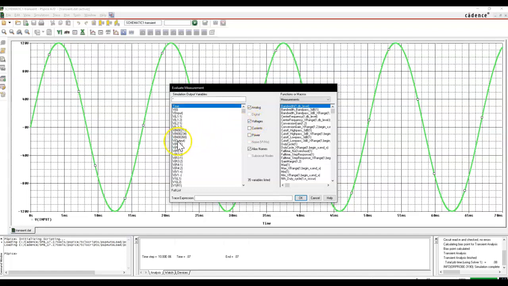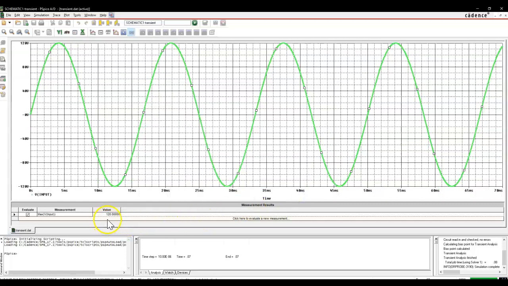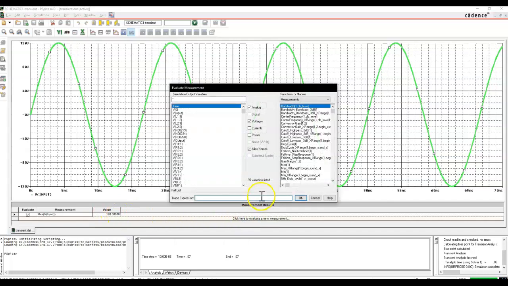You can see there's this output and this input. What I could do is ask, what is the maximum of the input? I'm going to click OK, and it puts it down here in this measurement. It's 120 volts.